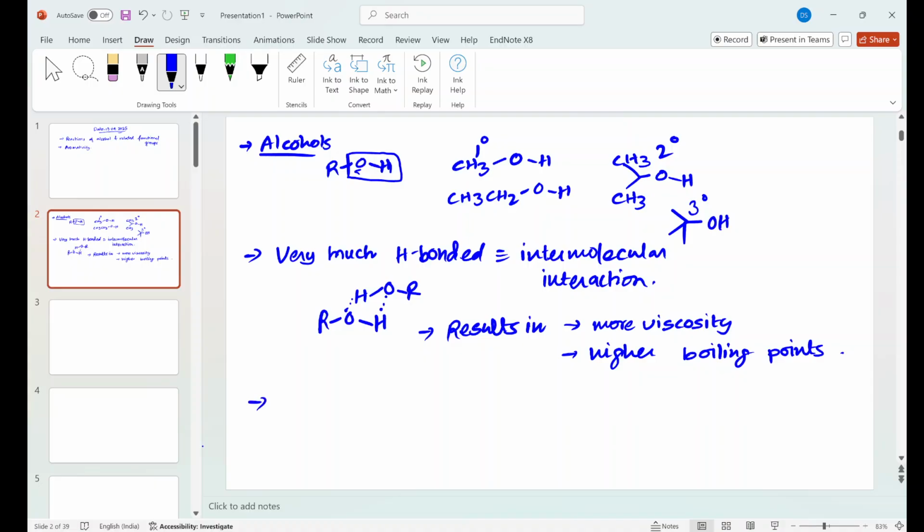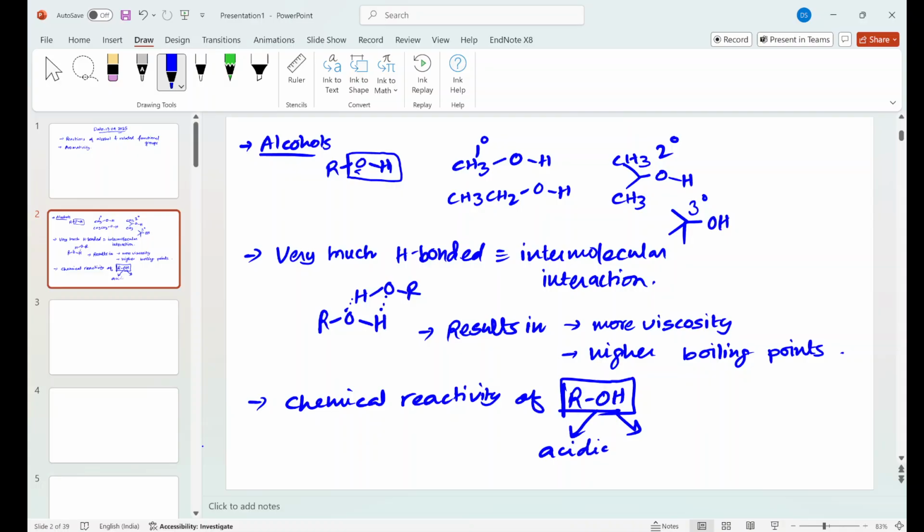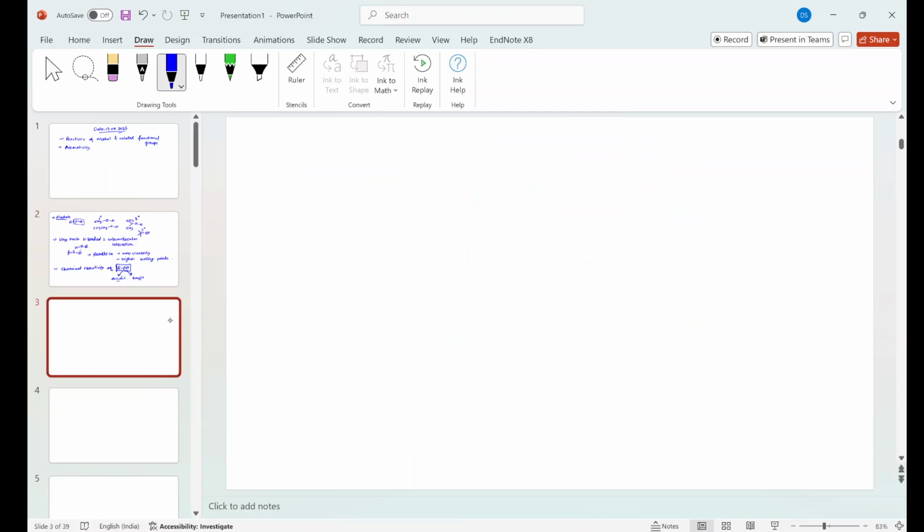And we have to discuss the chemical reactivity. Reactivity of alcohols. In general, you can consider these as both acidic as well as basic in nature. Okay, how? Let's see.